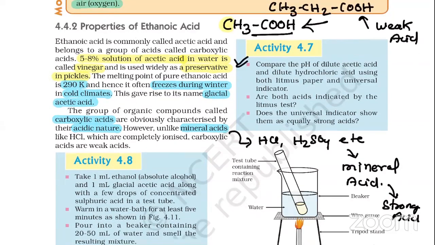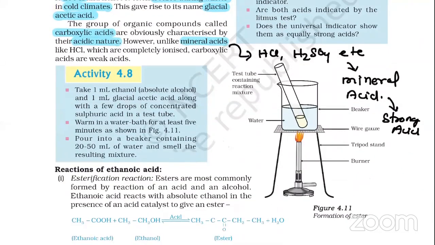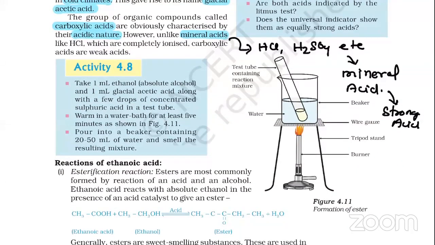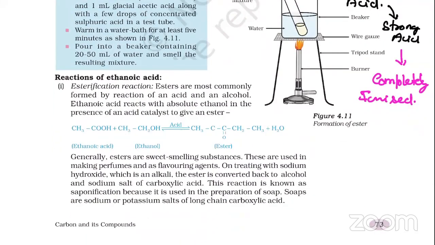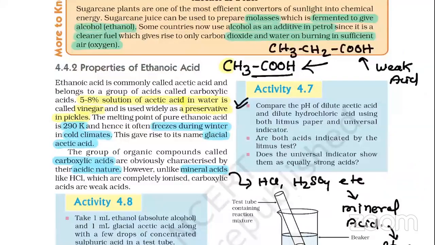What is the reason? Because strong acids are completely ionized. What completely ionized means is, for example, if we have 100 molecules of HCl, all 100 molecules will be broken and produce 100 protons plus 100 chloride ions. But in case of a weak acid, this number will be very small.